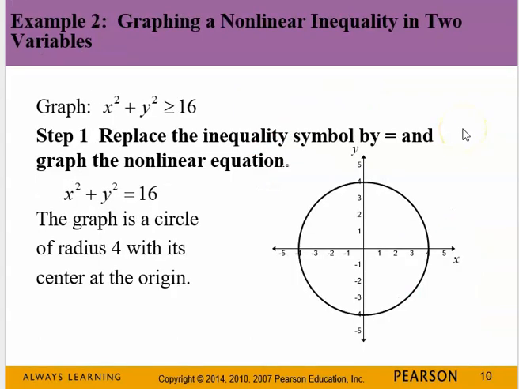Now, in example 2, we're looking at this inequality. Now, we saw in a previous lesson, this shape is a circle. And it's saying that, again, if we were to solve it for y, it would be y squared is greater than or equal to a negative x squared plus 16.